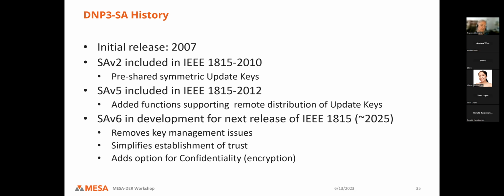We kept developing DNP3 secure authentication over the next few years, and the aim was to provide a mechanism to be able to remotely distribute the update keys. So with the pre-shared mechanism in SAV2, you're essentially establishing the keys at configuration time. And for a lot of systems, you install them in the field and you never change them.